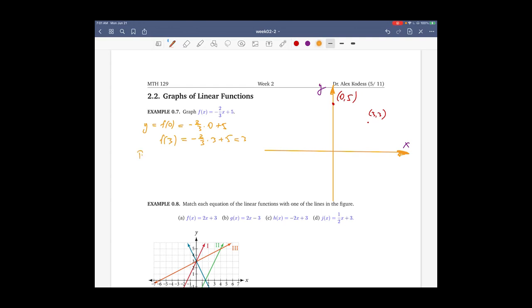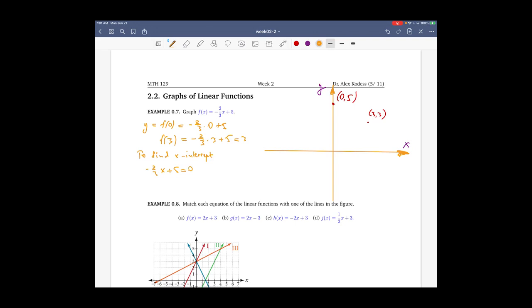But to find the x-intercept, we simply equate to 0 the expression negative 2/3 x plus 5.